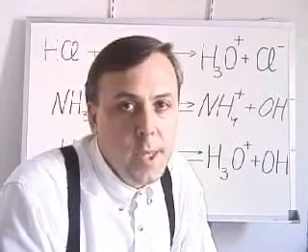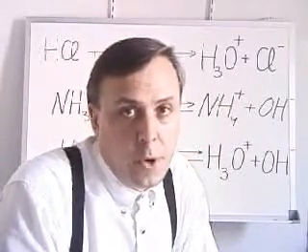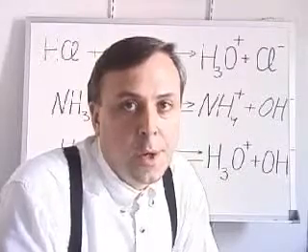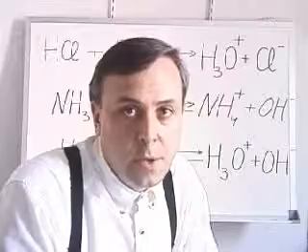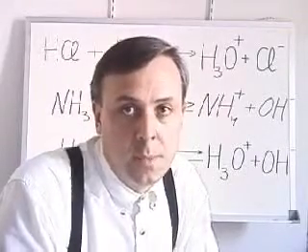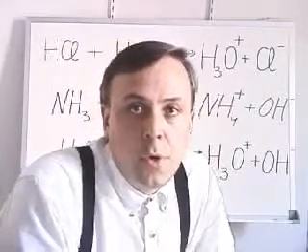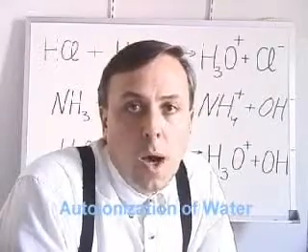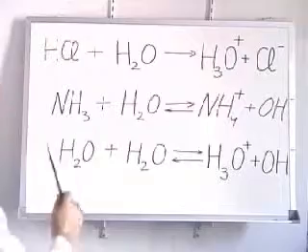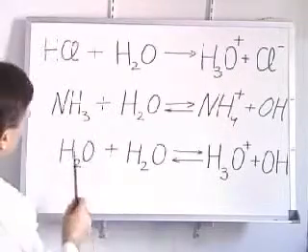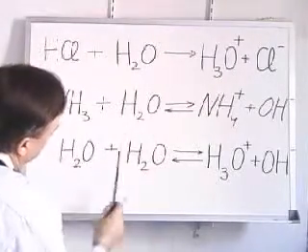In one unique but very important case, water can act both as an acid and as a base during the same process. This happens during the so-called autoionization of water. In it, 1 molecule of water donates a proton to another molecule of water.